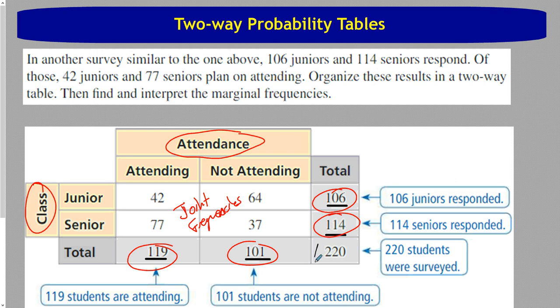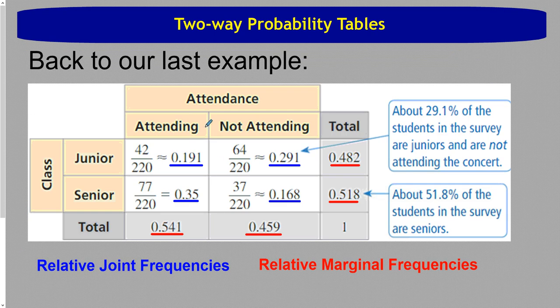This is what we came up with way back here. 220 students, 42 juniors attending, 64 juniors not attending, 77 seniors attending, 37 not attending, and then our marginal frequencies. Those are the values we're using here. So if I divide all of the joint frequencies, all of the table entries by 220, I get the relative joint frequencies. 42 over 220, 64 over 220, 77 over 220, and 37 over 220.